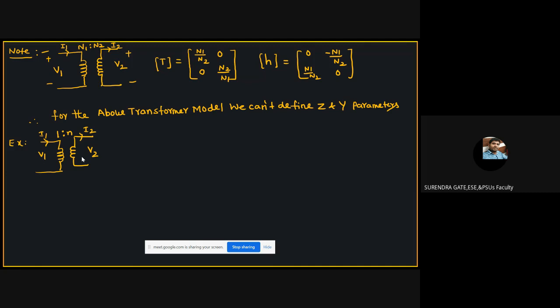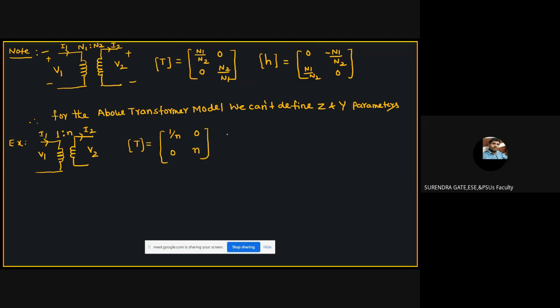Can anybody tell what are the T parameters and H parameters in this case? T parameters is N1 by N2, that is 1 by N. So N1 by N2, 0, 0, N2 by N1, N.